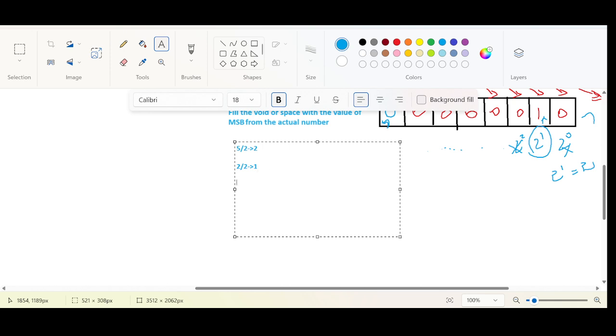So the conclusion is, whenever the right shift operator is used on a particular number, the resultant answer is the division by 2, with the floor value.